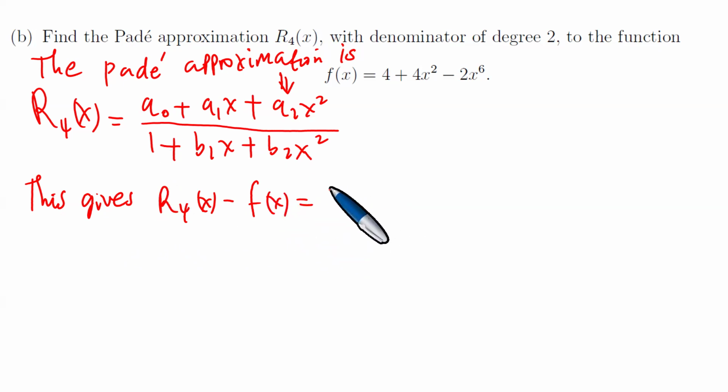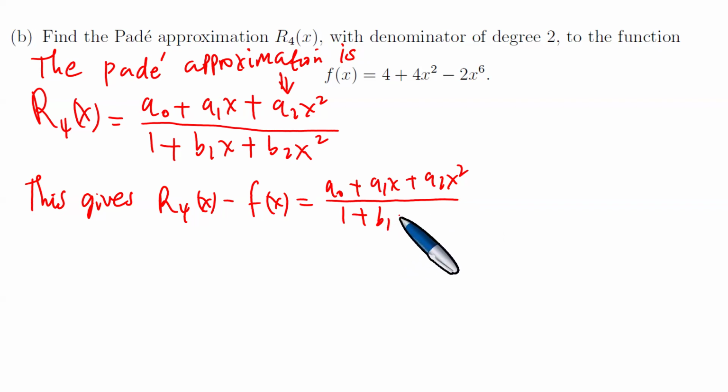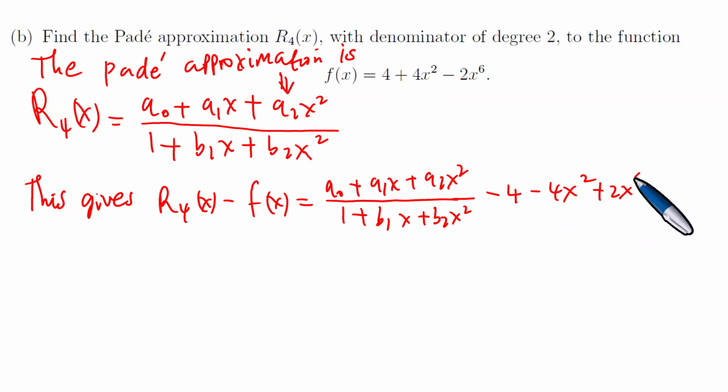R4 of x we've already seen here is A0 plus A1x plus A2x squared, all divided by 1 plus B1x plus B2x squared. We subtract f of x, which is 4 plus 4x squared minus 2x to the 6th power, which will therefore give us minus 4 minus 4x squared plus 2x to the 6th power.